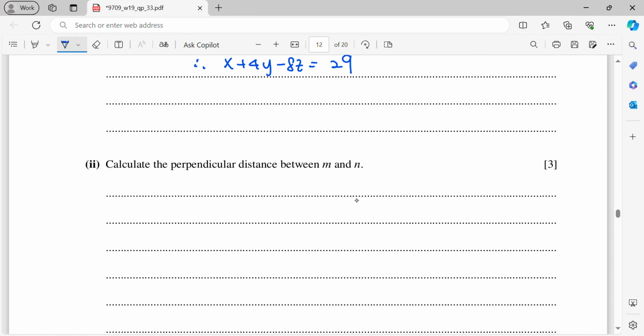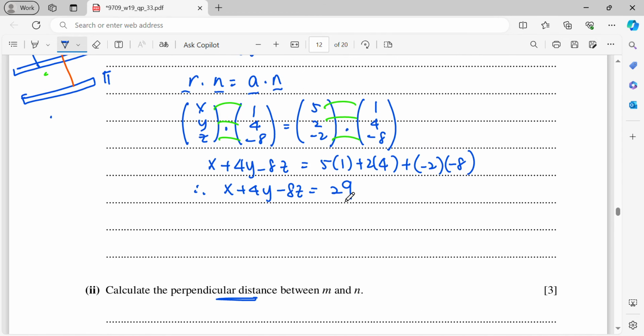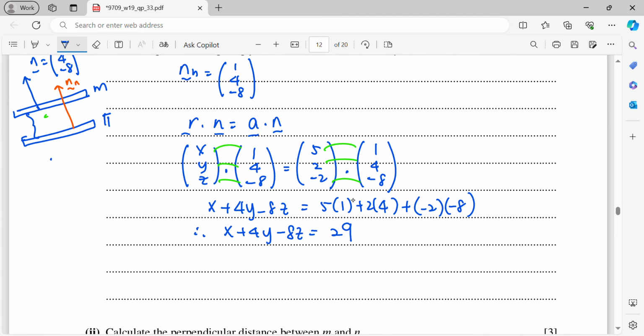Now part 2, calculate the perpendicular distance between M and N. So I need to find out what this distance is. Perpendicular distance means that it is 90 degrees. Because the planes are parallel to each other, it will definitely be the perpendicular distance.